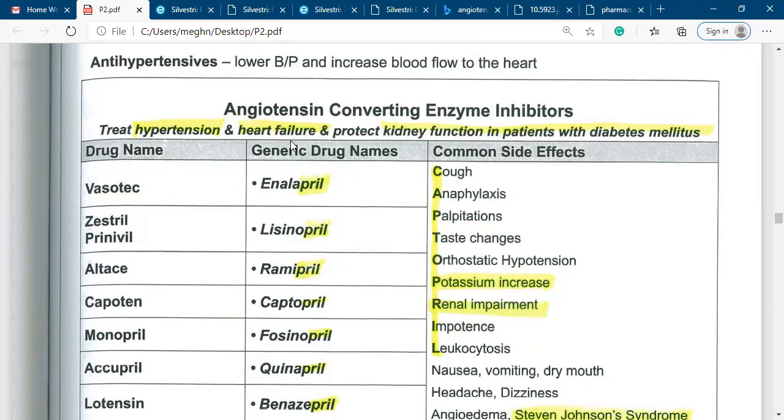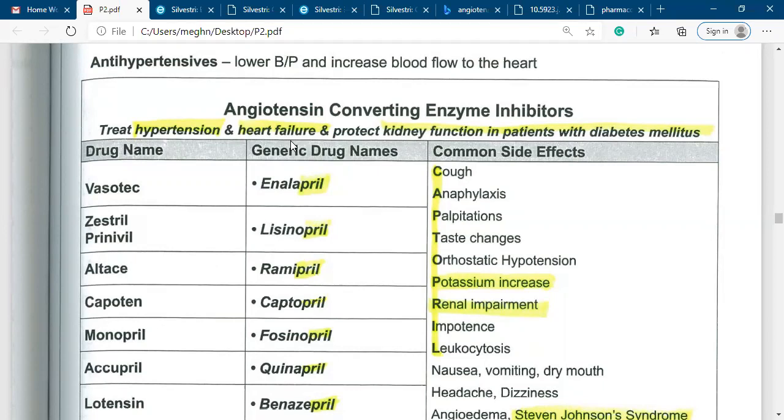You must know, because both reduce the effect of aldosterone, which leads to a decrease in sodium and water retention and increases potassium retention as well. So what you have to know for the board exam, the angiotensin converting enzyme inhibitor is contraindicated during pregnancy. Okay, during pregnancy, it is contraindicated.